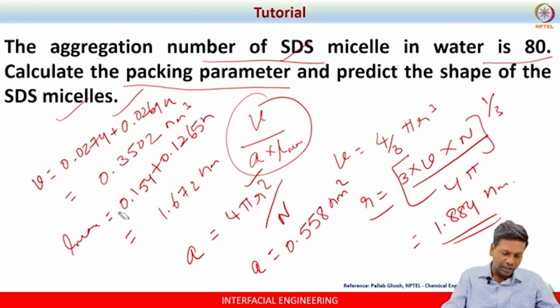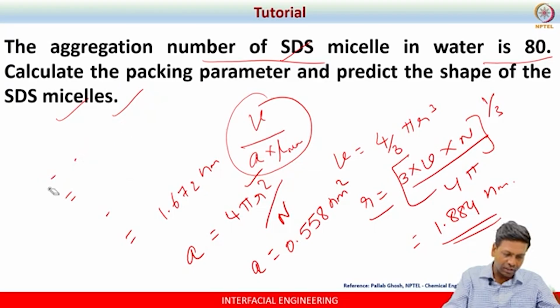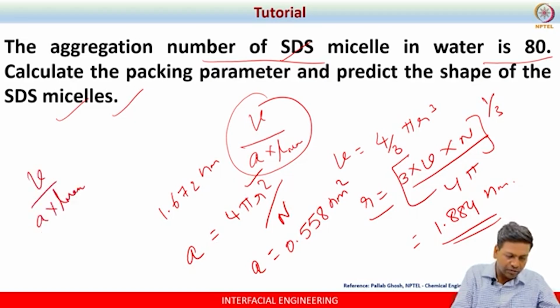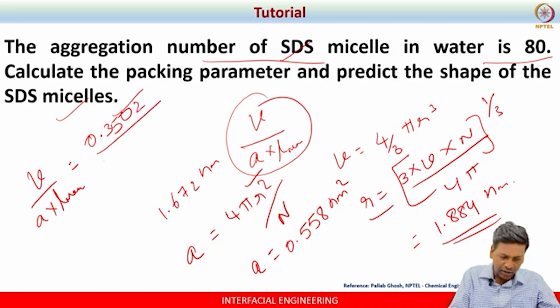So we know this data. By knowing this data, we can calculate V by A into L max. We already calculated V as 0.3502, divided by A, which is 0.558, into L max which we calculated as 1.672.